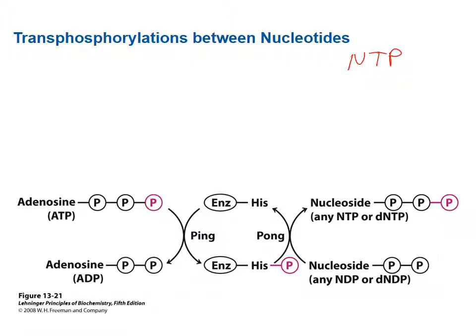In this form by phosphoryl group transfer to the corresponding nucleoside diphosphate. So obviously nucleoside diphosphate, and also the nucleoside monophosphate, just like ATP: adenosine, guanine, cytosine triphosphate.